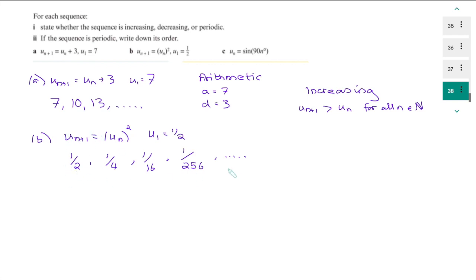So what have we got here? Well, we can see it's getting smaller and smaller. It's decreasing. Okay, and again, you'd have to state, in this case, that U(n+1) is less than U(n) for all n. Now I use this, I think it's a brilliant way to describe things. It's an upside down capital A, and you read that as for all.